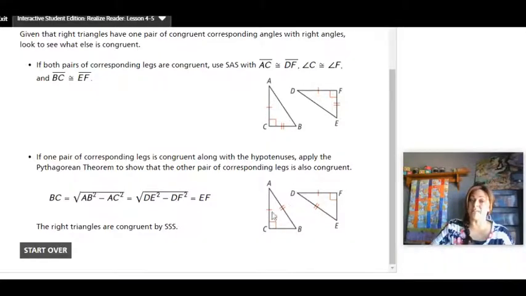So you could figure it out by side-side-side, using the Pythagorean theorem. As a result, this rule where it's ASS doesn't work. It works only on right triangles because of the hypotenuse and the leg and the Pythagorean theorem. And there's a rule specifically for that, so you don't have to use that inappropriate word.